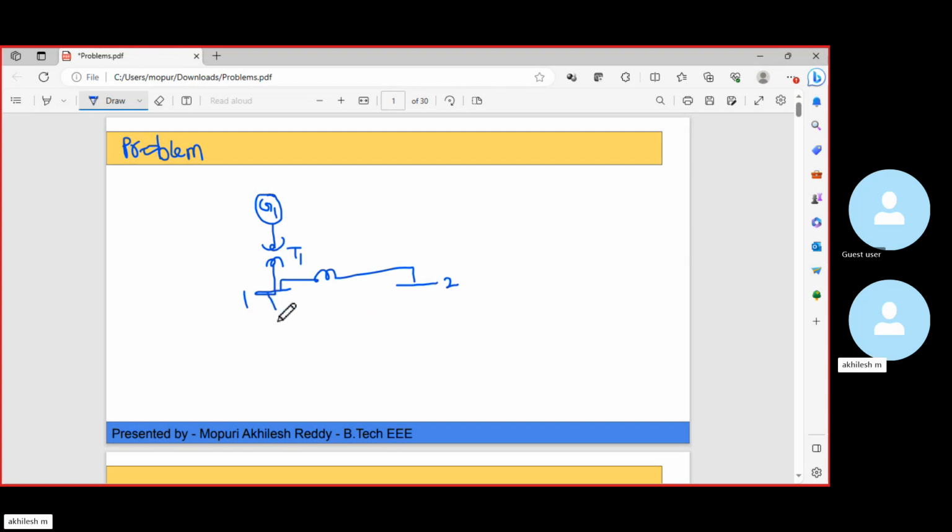And we also had a connection between bus bar 1 and bus bar 3. And this is bus bar 3. And we have another transformer at bus bar 2. The other end is connected to generator 2.